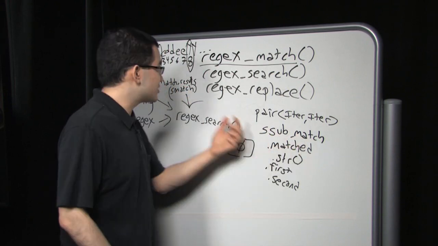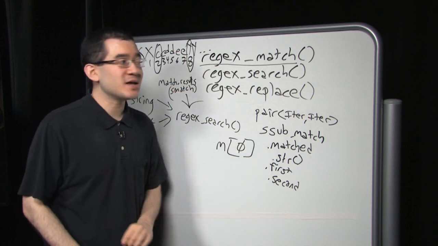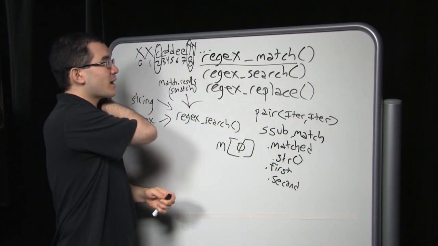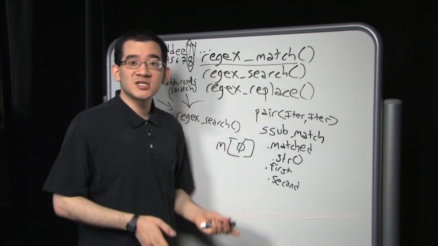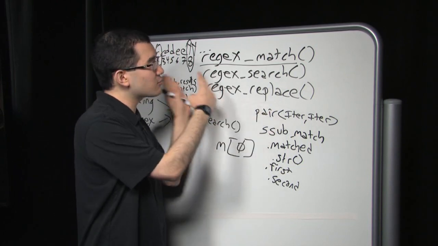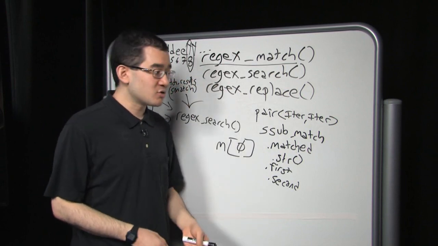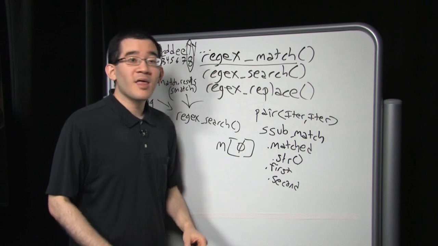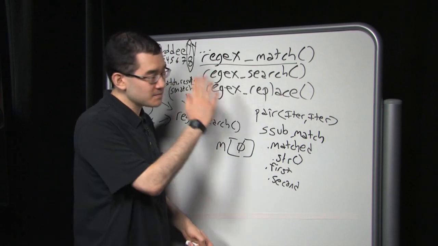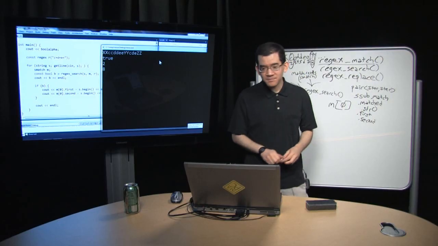The submatch, which is contained within this match results, is constant space. So you can work on insanely huge strings, megabytes long, and your submatches will be very tiny because they only have iterators into the original string. Of course, if you ask for .str, it's got to go copy whatever substring you're referring to. But if you just want to work on it in place, submatch will work just fine for you.